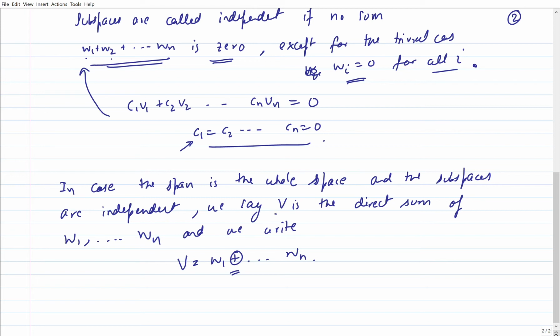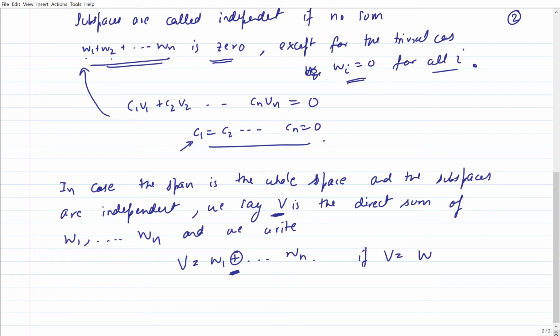So the whole vector space can be constructed by this notion of a direct sum, which is the sum of subspaces which are independent of each other, and their span is the whole space.